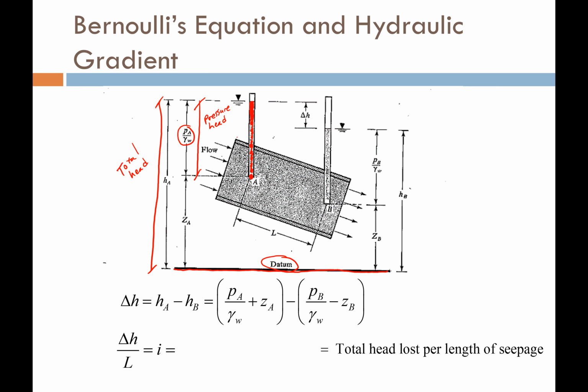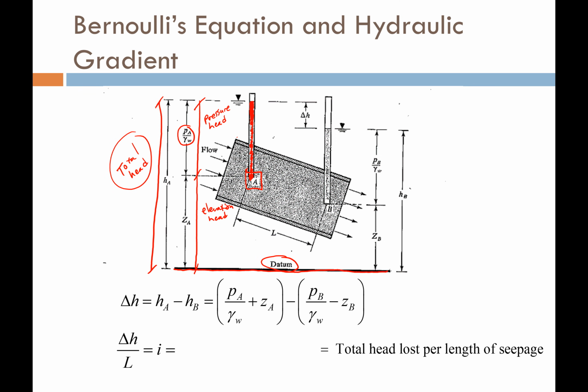That's really what pressure head is coming from. And then the elevation head is just the distance from my defined datum to my point of interest, which in this case is point A. So if I sum the elevation head with the pressure head, I get total head. Okay, so that's how Bernoulli's equation works with a given piezometer.